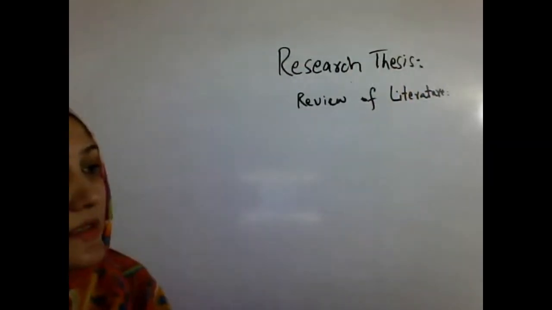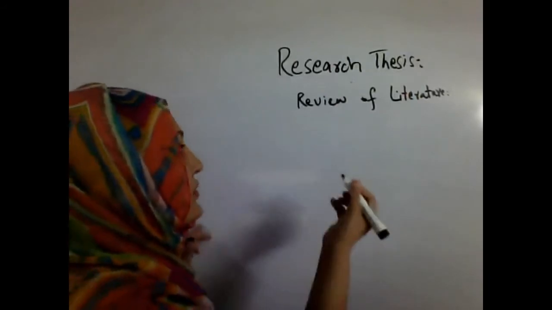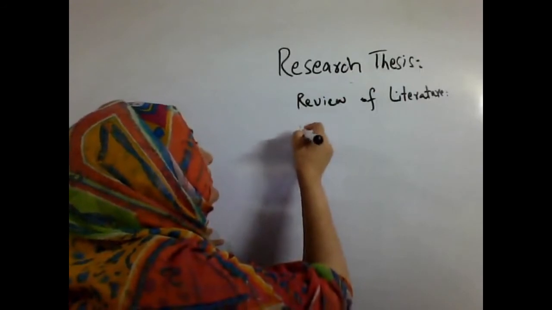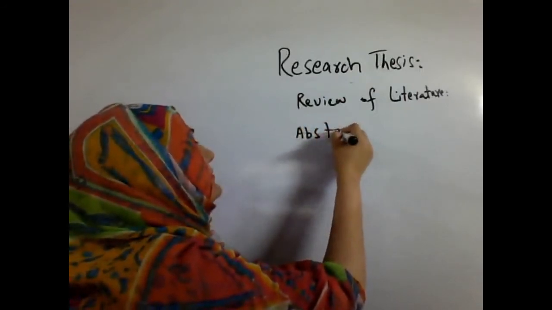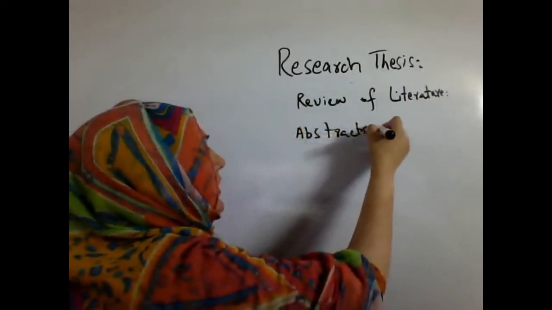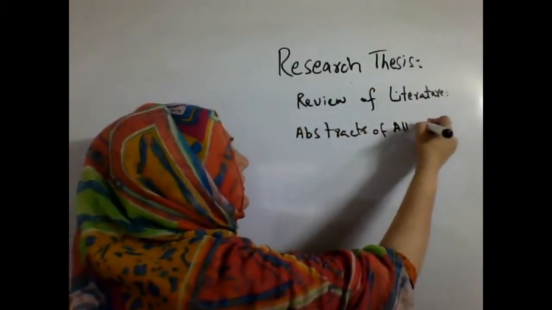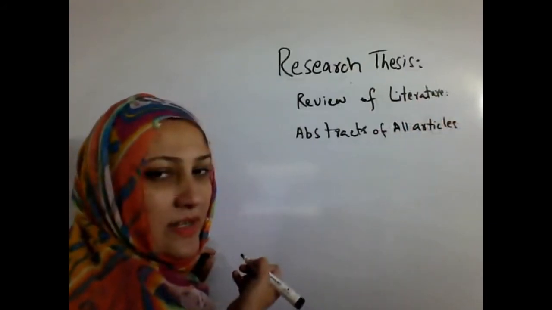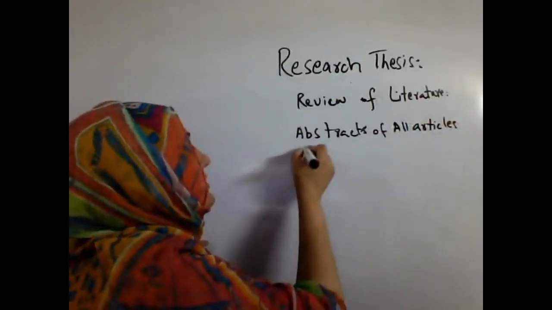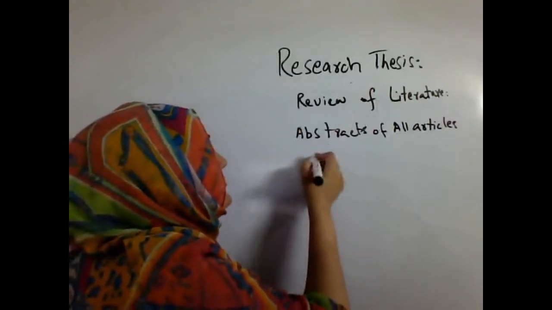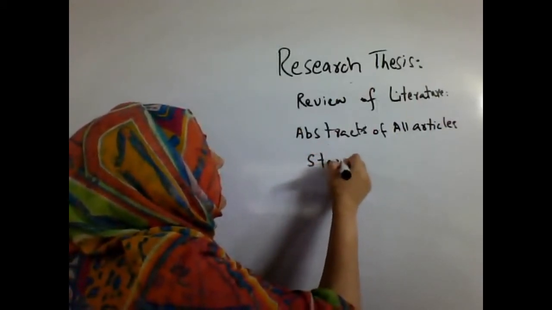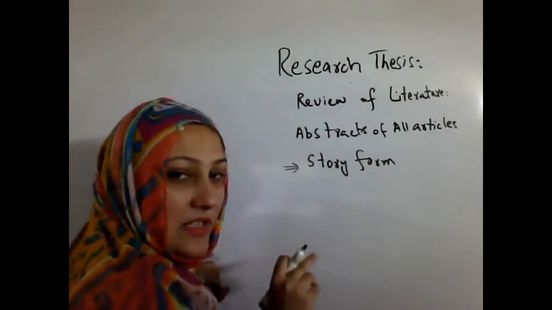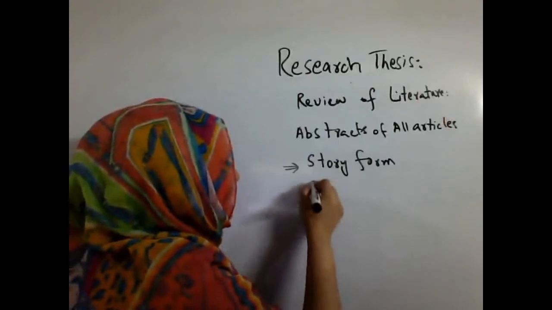In some cases, some universities use the journal pattern of simple abstracts of all articles to be cited in the review of literature, but the valid way is to write them in story form, just like the introduction.